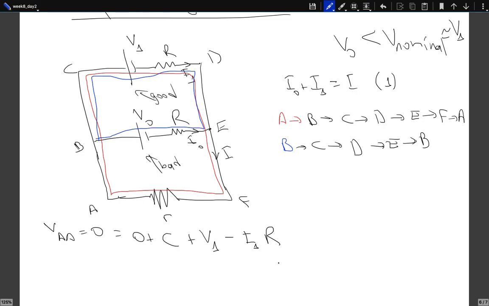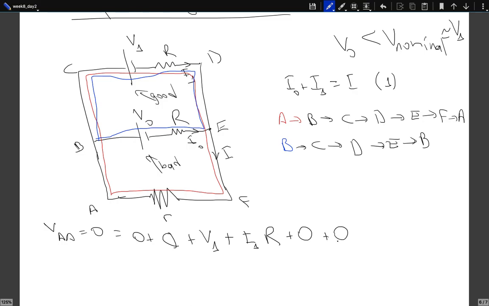Now from the point D to the point E, 0. By the way, this is plus V1, not minus, because it's already a potential drop. We are summing the potential drops as we go along our loop. Now we are at the point E. From the point E to the point F, the potential drop is 0.